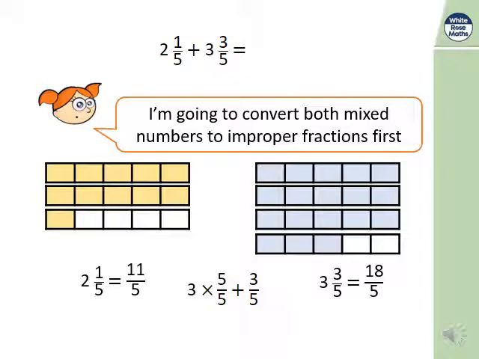Then she gets her 11/5 and her 18/5, and she adds them together, and she gets 29/5. Or that is now, as a mixed number, she's had to work that out as 5 4/5. So that's her method. Now that takes quite a long time. Let's have a look at another way that we could do that.